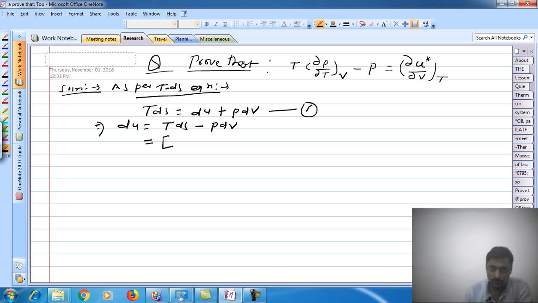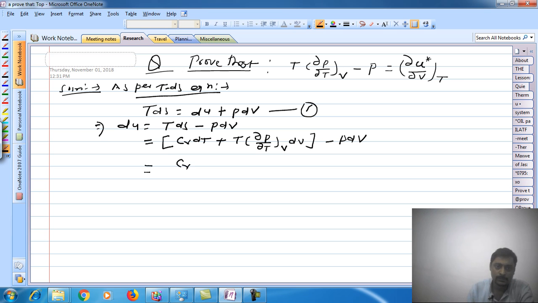this TdS is equal to Cv dT plus T del P by del T at constant volume into dV. Now this is minus PdV. Okay, so we have to arrange this equation in this form.